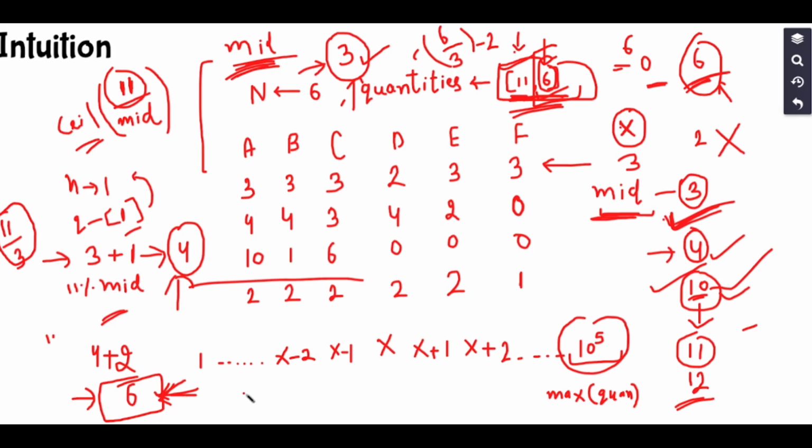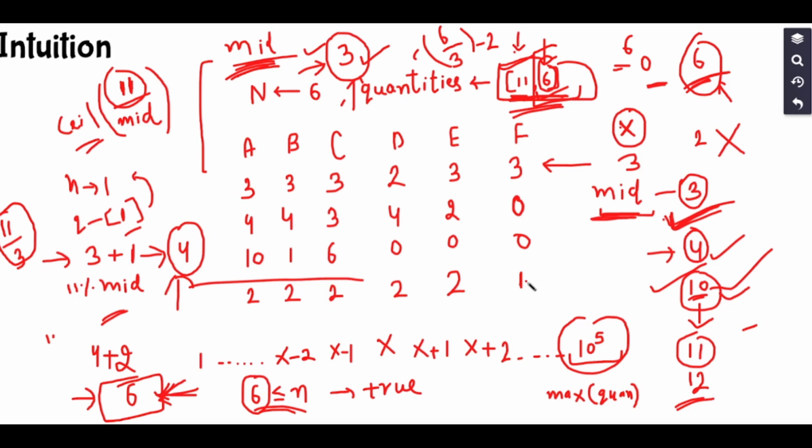Now I have to check at the end if this 6 is less than or equal to the number of shops that we have. If it is the case, then that means yes, this 3 can be the potential answer. So we return true for this case. Otherwise, if this exceeds the given shops, then I will have to return false.